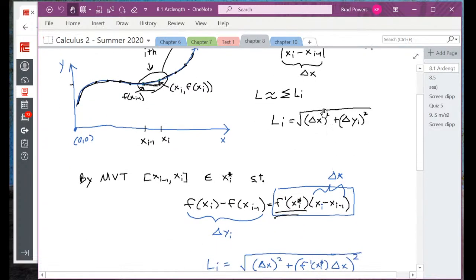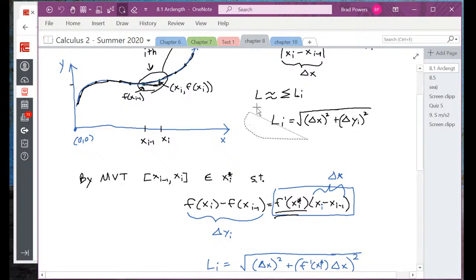And we got that the length of any little section was the square root of delta x squared plus delta y sub i squared. I could have put delta x sub i squared if I wanted to, but they were all the same, so it didn't matter. Let's move on with this.